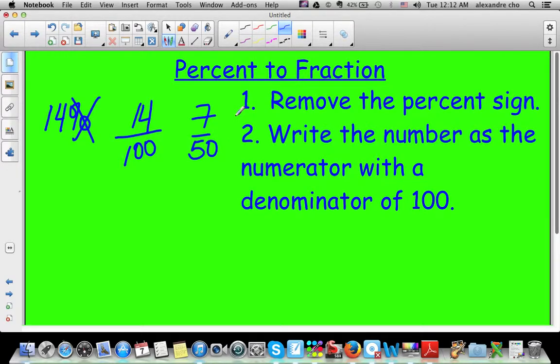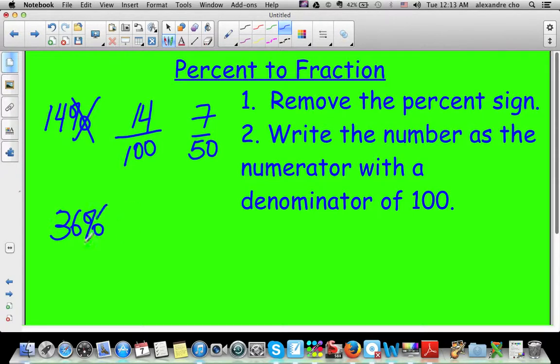Let's try one more. Why don't you guys try one at the bottom? 36%. Press pause for a little bit.